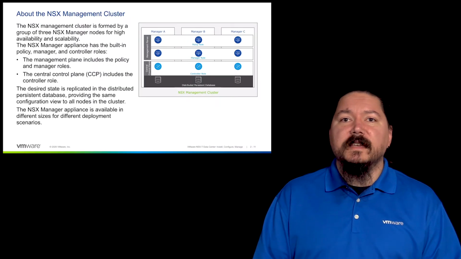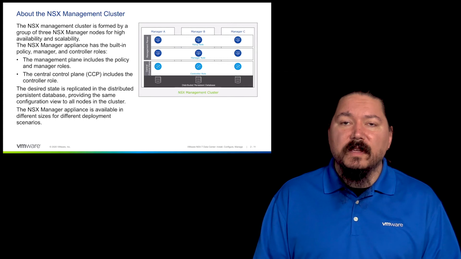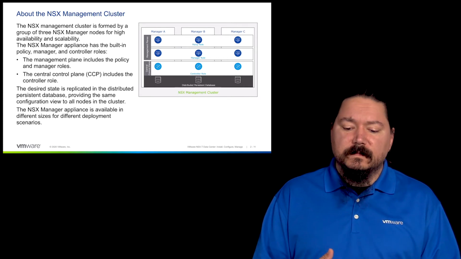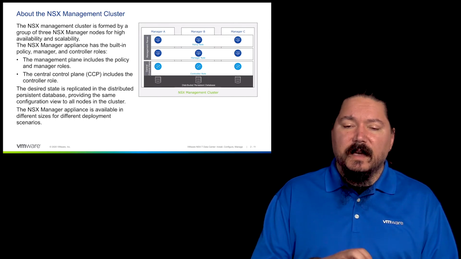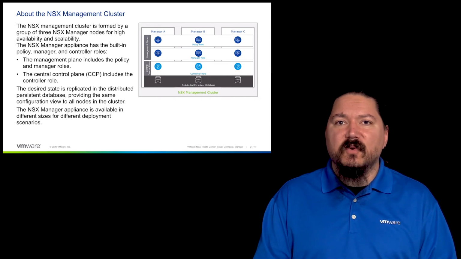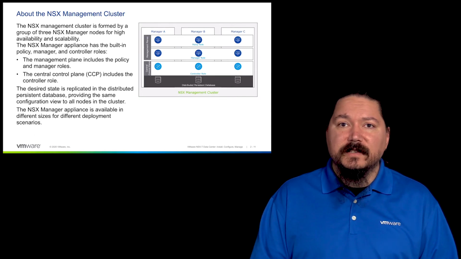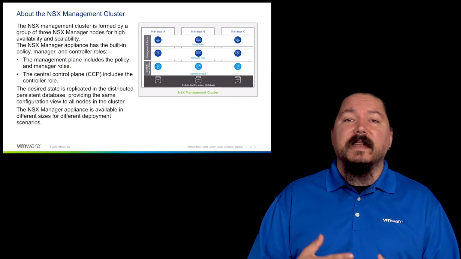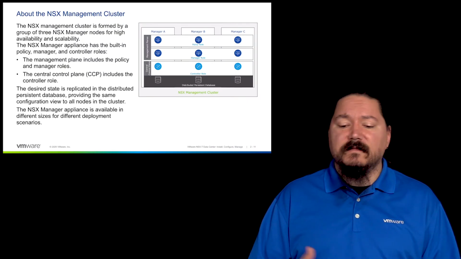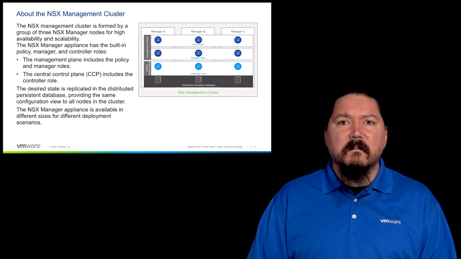Now, all of this stuff, the management plane stuff particularly, right? The policy and the management data is persisted or stored in a distributed database, right? So that's kind of the fourth role that we're showing here. The central control plane is, while certainly some things are persisted, at least during runtime, largely ephemeral in nature, meaning that things are going to change and things are going to be more stateless, right?